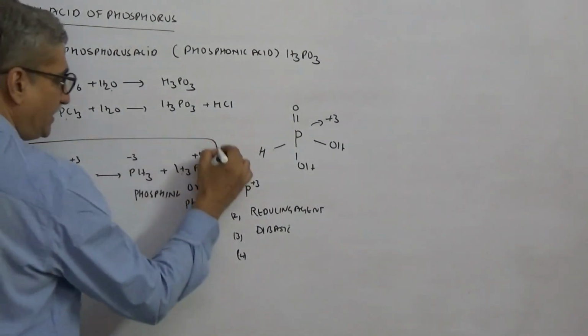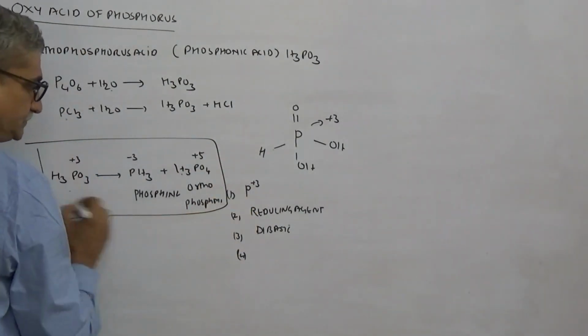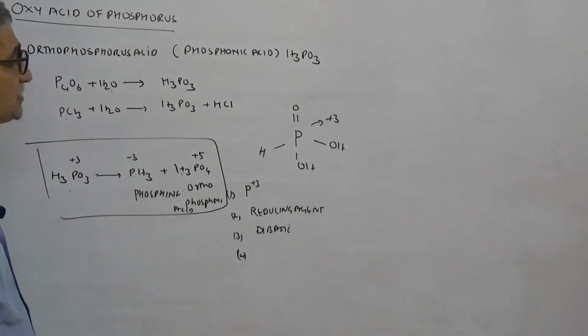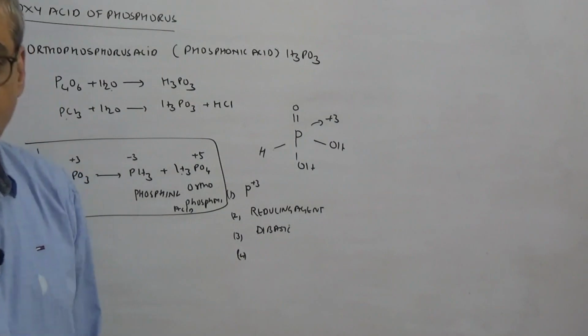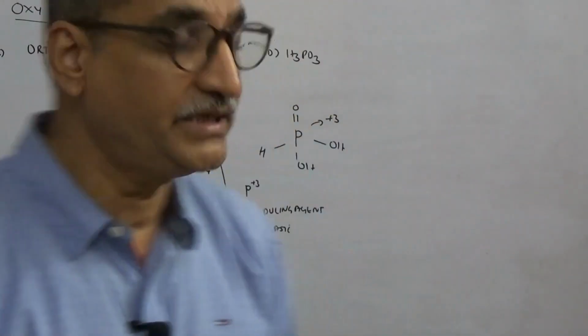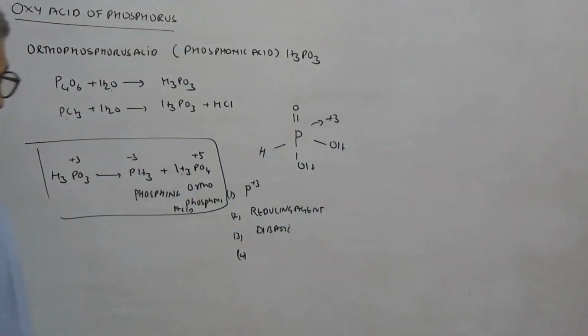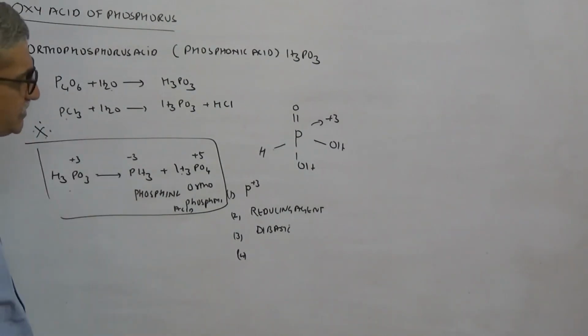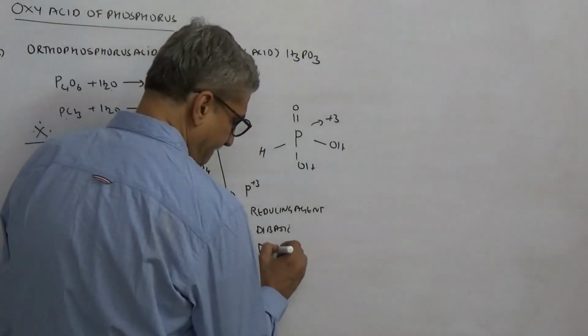So this can be a question in any entrance exam, that phosphonic acid disproportionates to give oxidation states +3 and +5. So please pay attention to this. This is all that we can think of. So it undergoes disproportionation.